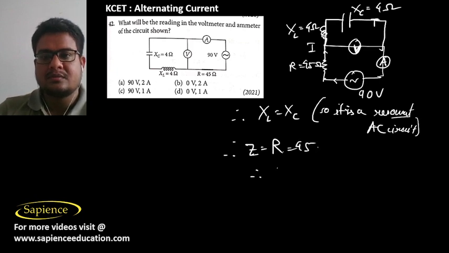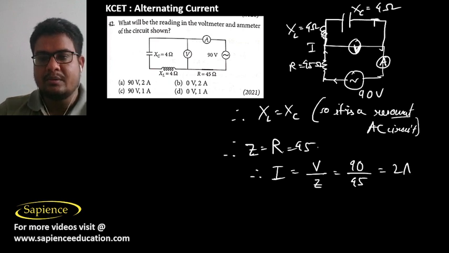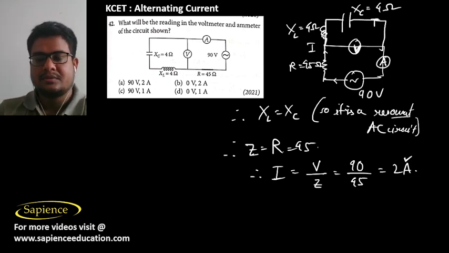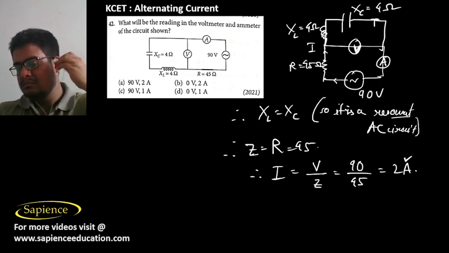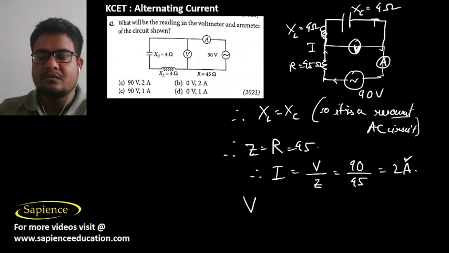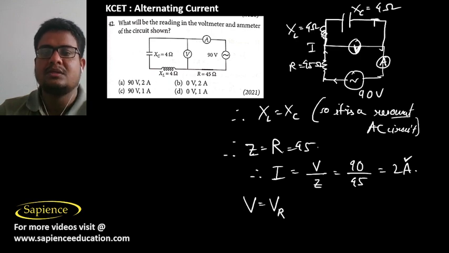Therefore the current in the AC circuit is equal to RMS voltage divided by Z, which is 2 amp. So the reading of the ammeter is 2 ampere. And the RMS voltage of the source is equal to the RMS voltage across the resistor, since it is a resonant circuit.